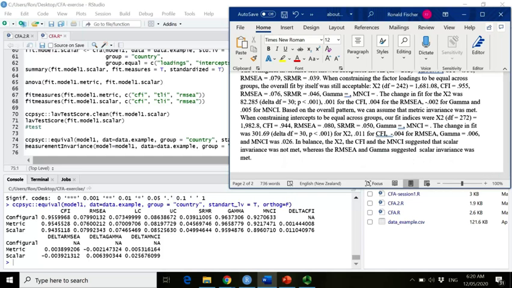So what I would suggest in this case here is that we are really looking at a borderline case.